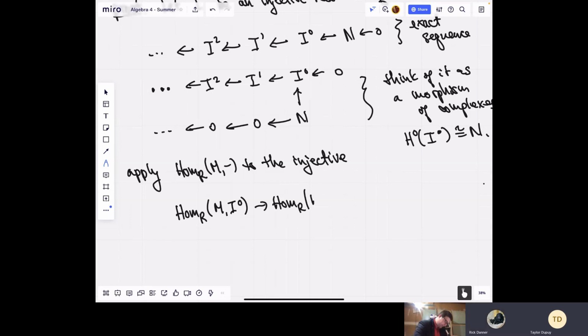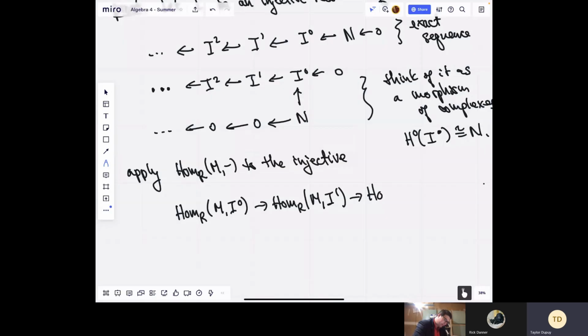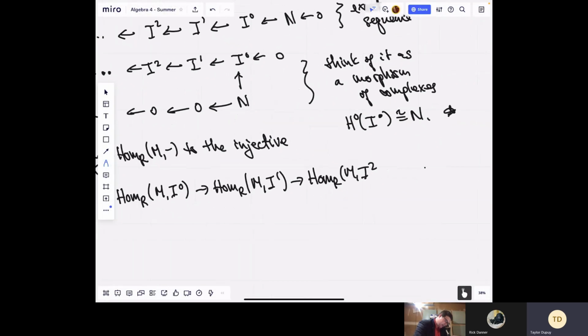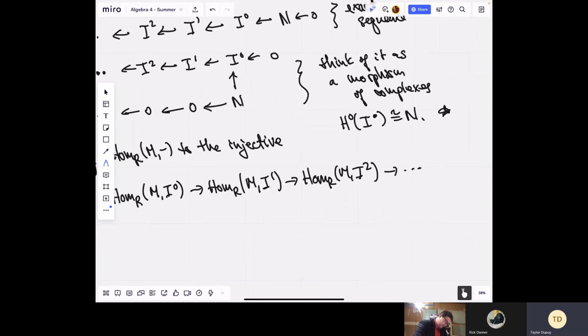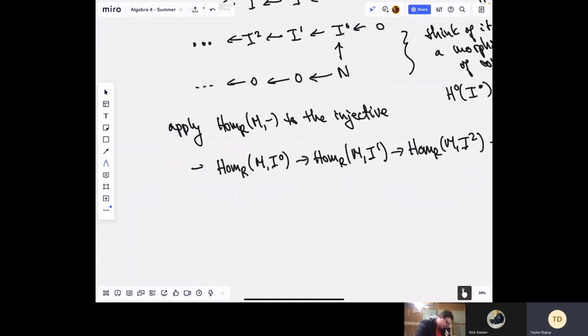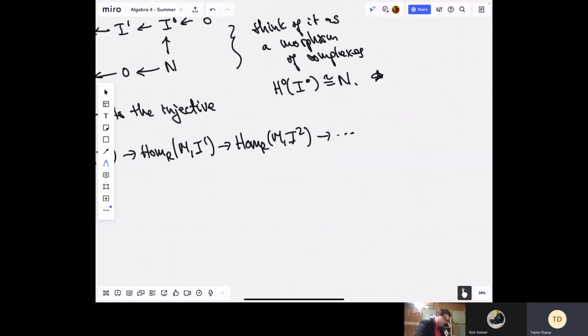Yeah. Cool. So we have this. Okay, Hom_R(M, I^2), and then it keeps going, like this. This isn't an exact sequence anymore, but this is the complex we use to compute Ext.